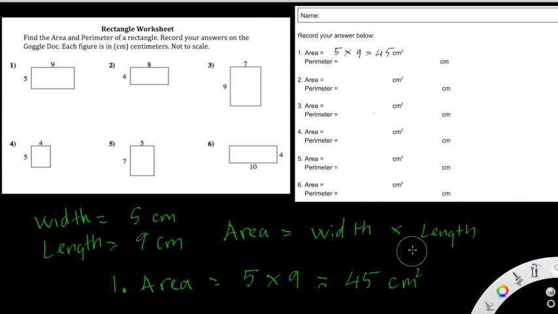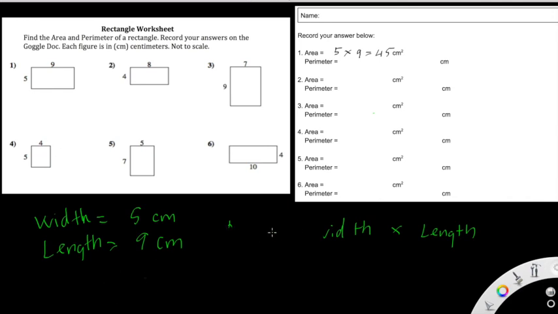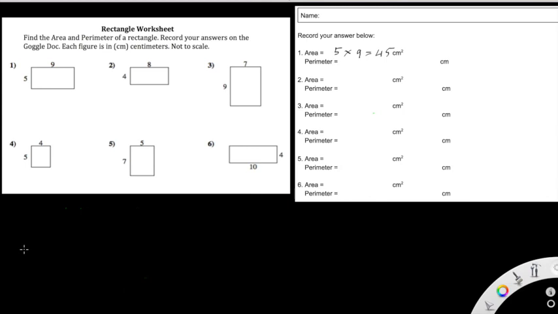Okay, let's erase over here. So we know this width is 5, so the opposite side is 5 too, and the opposite of the length is 9 too. So in order to find the perimeter, let's pick a different color.